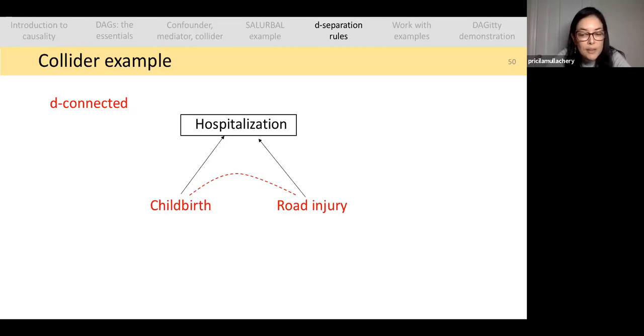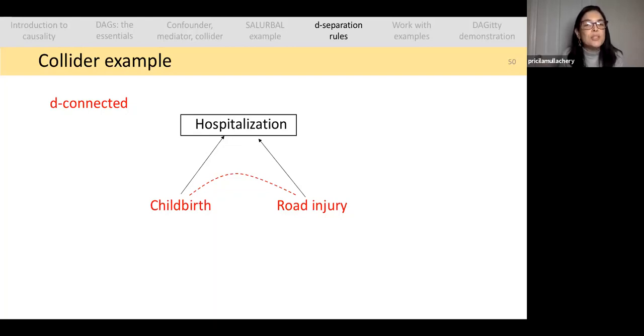If I look at the records and I say, oh, 50% of the people, just a number, were hospitalized because of a road injury, then among those, probably a very small percentage will have other causes of hospitalization related to childbirth, just because the people who were hospitalized for childbirth were not involved in a road injury. So I found an association between these two things, a negative association, right?